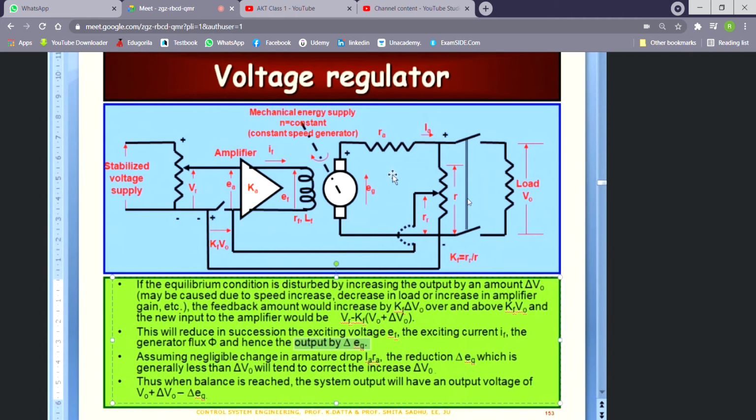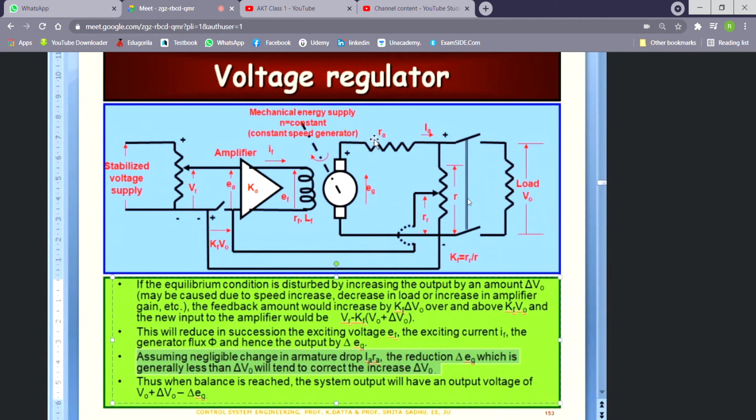But nevertheless, if say EG has decreased by an amount delta EG, now assuming negligible change in the armature drop, because as I told you, IA is very small, so IARA overall will be very small. So the change in the armature drop will be negligible.